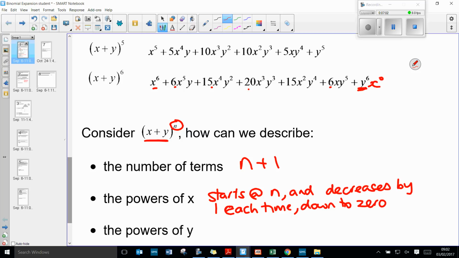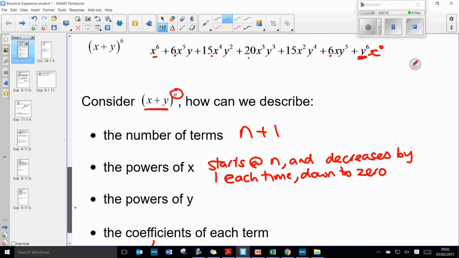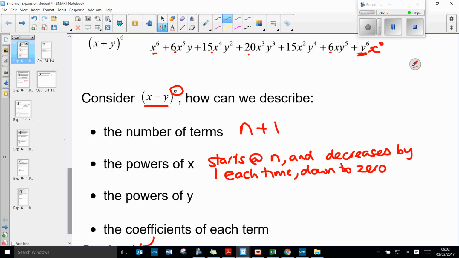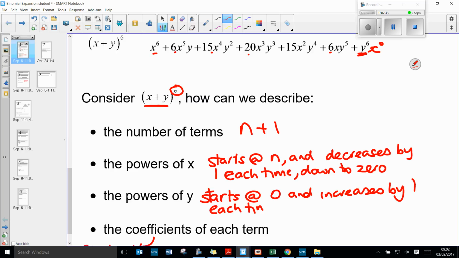Yes, but we know that's just 1. And what happens to the powers of y? Increasing by 1. And what does it start at? 0. So it starts at 0 and increases by 1 each time up to n.